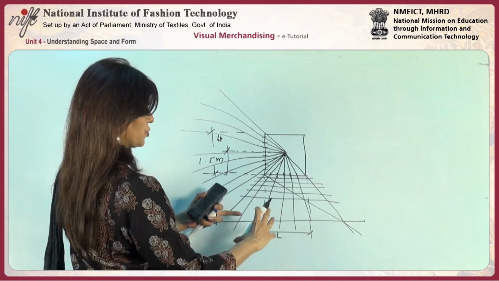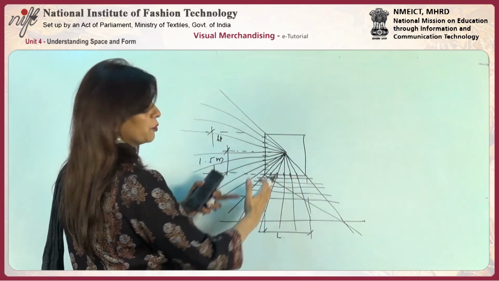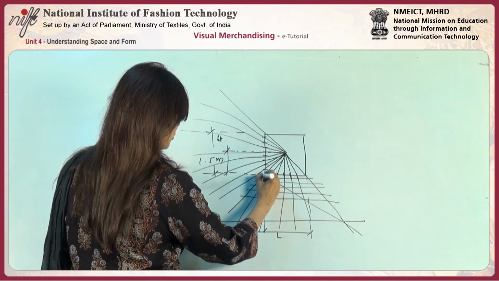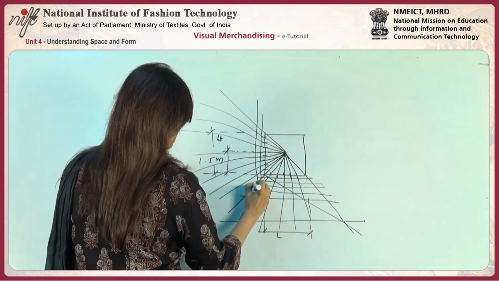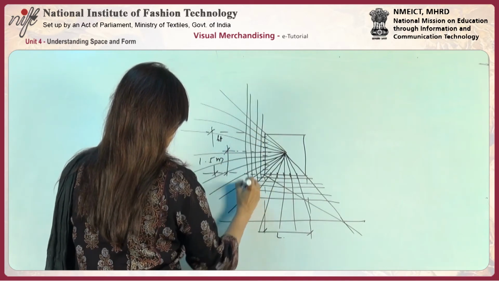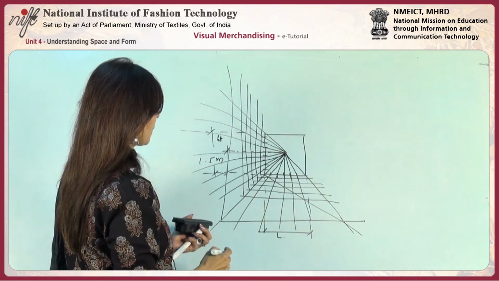What is closer to you is bigger, and as it goes farther away from you, it becomes shorter. Now let's take the projections of these verticals.